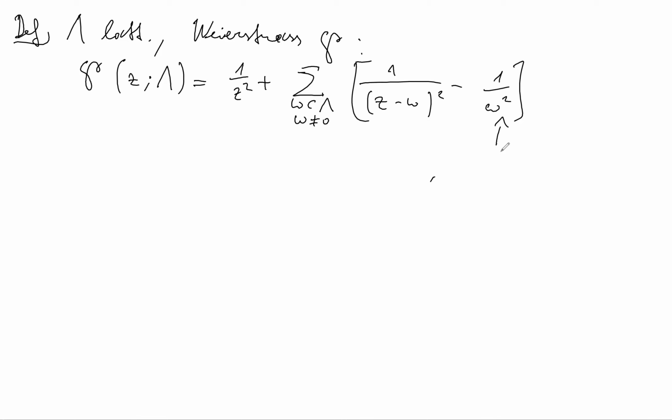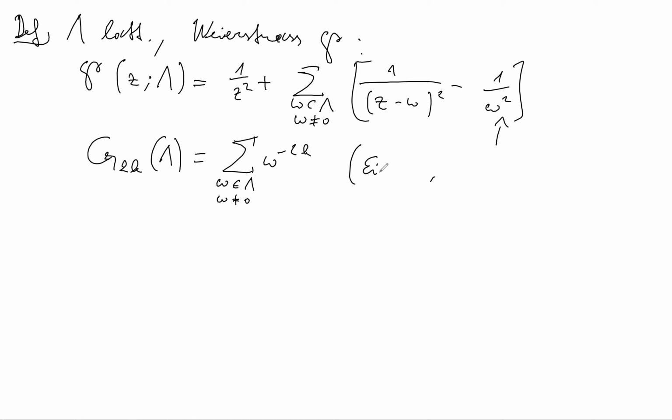Usually when you define this function, you also define these symbols g_2k of lambda, which are sums over all points in my lattice. These we call Eisenstein series.